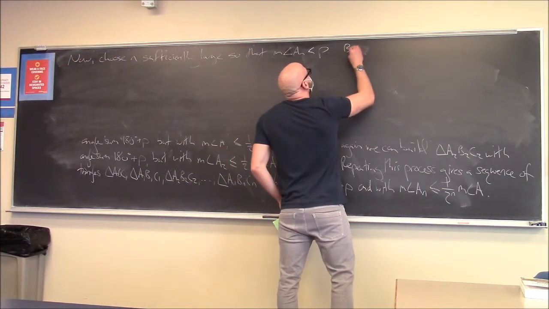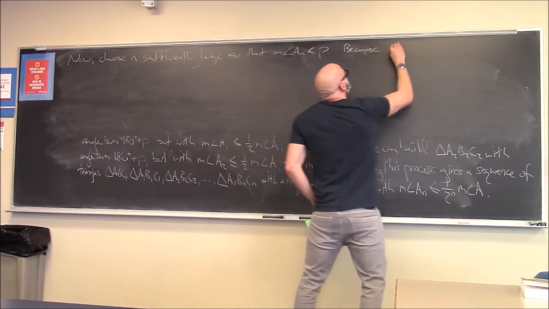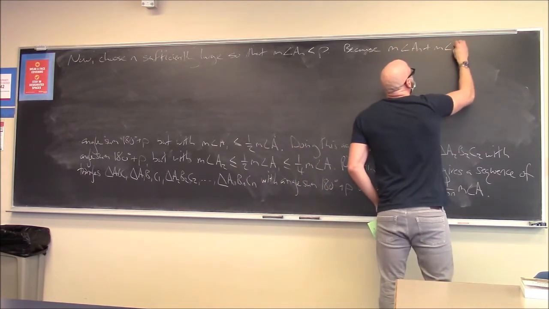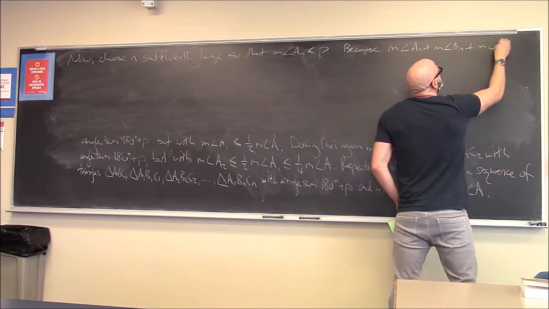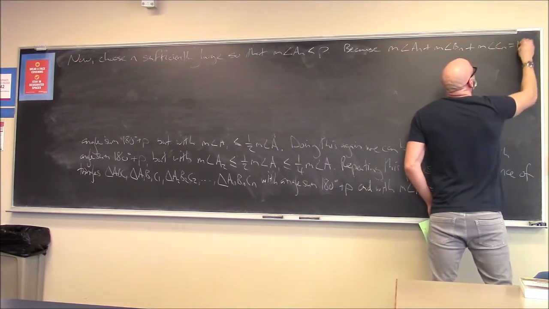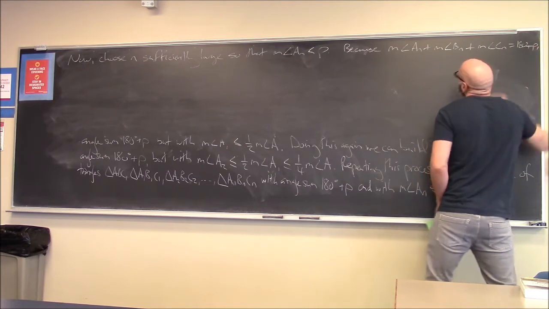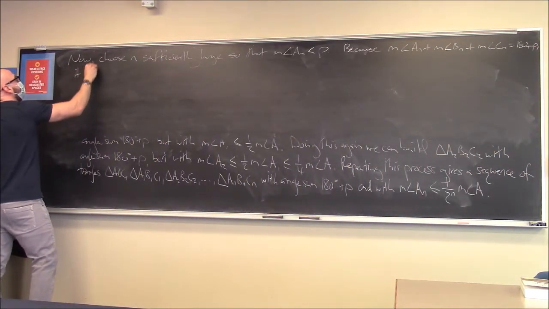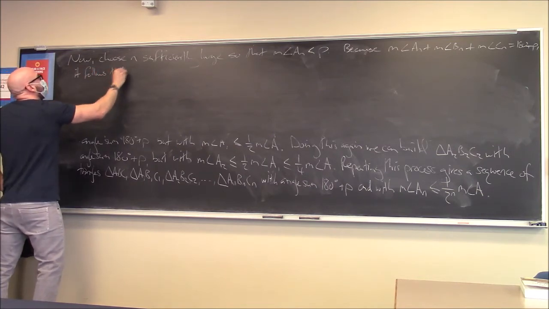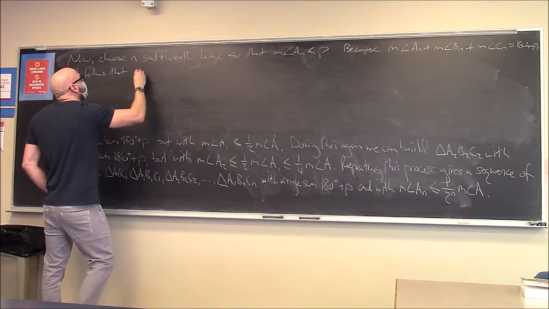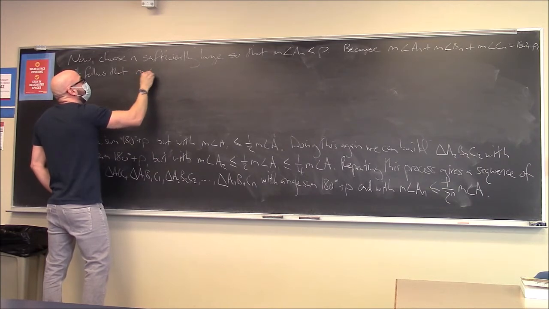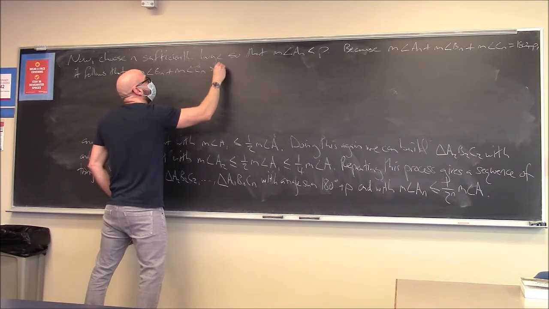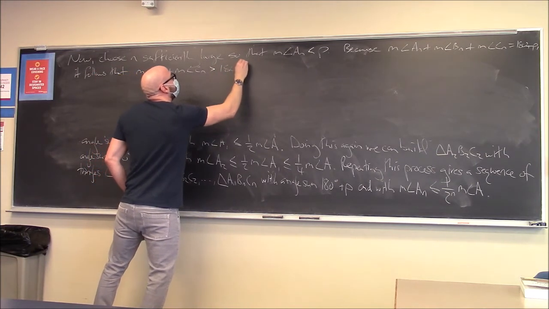So, because the measure of angle AN plus the measure of angle BN plus the measure of angle CN is equal to 180 plus p, it follows that the measure of angle BN plus the measure of angle CN is bigger than 180.